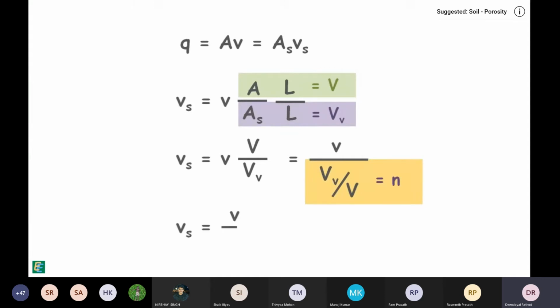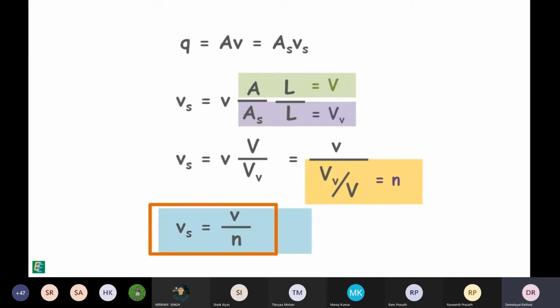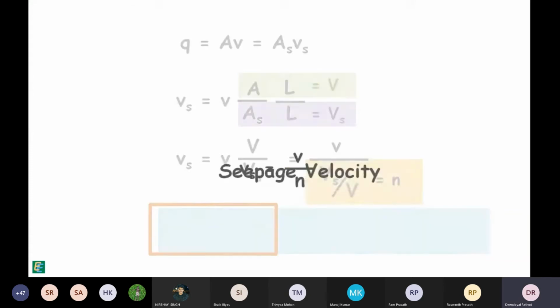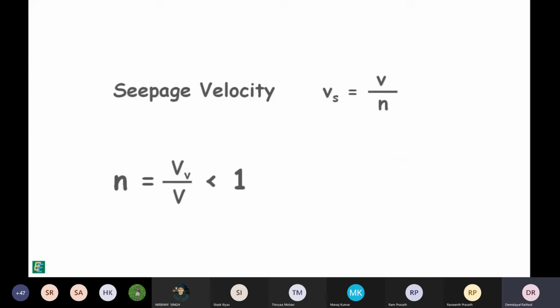So we can write this equation as this. The velocity of liquid through the void is called seepage velocity. We know that porosity cannot be greater than 1. So the seepage velocity will always be greater than the discharge velocity.